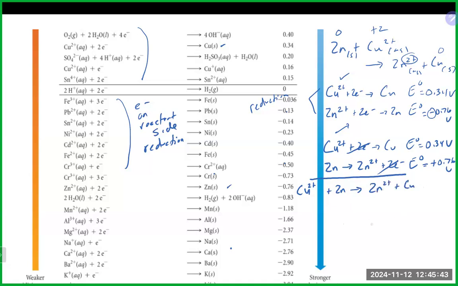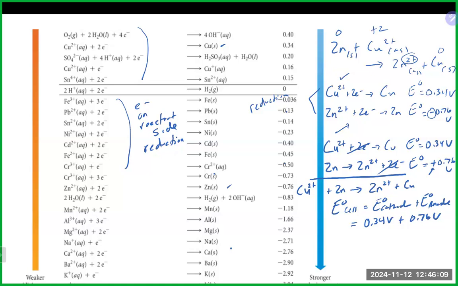Now, if I wanted to calculate the E of the cell in this particular case, because I already changed the sign, I would want to add these values together and not subtract. So that will give me 0.34 volts plus 0.76 volts, right?